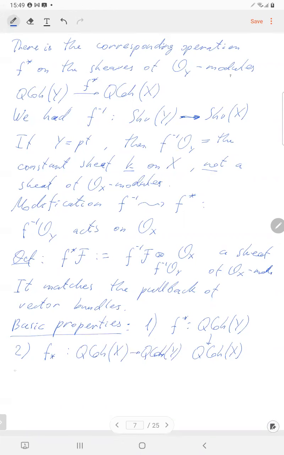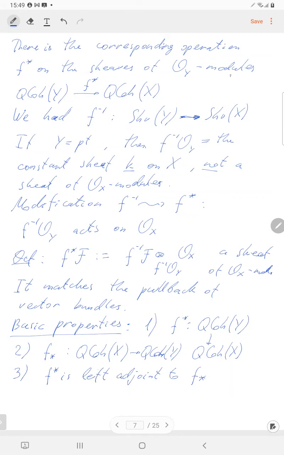Okay, and these two functors are adjoint. So F upper star is left adjoint to F lower star.